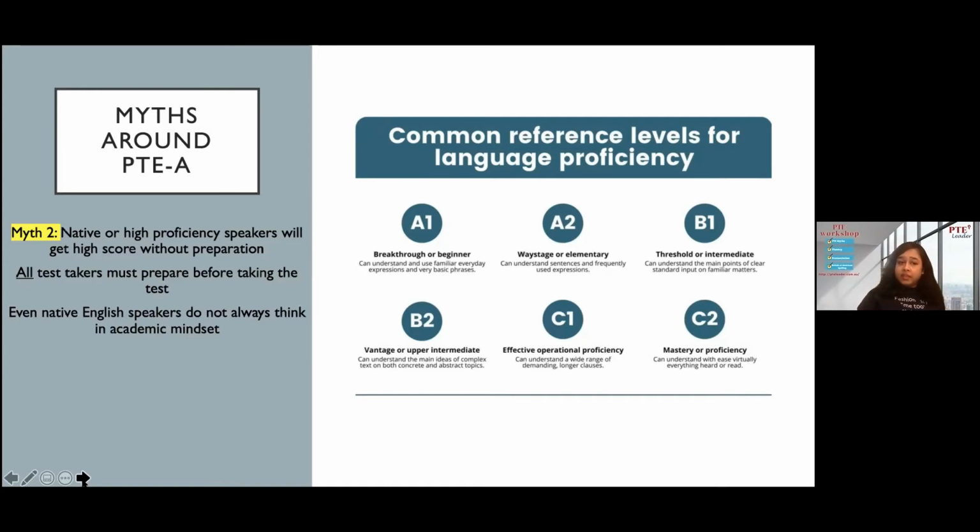Another important thing is that even native English speakers do not always think in an academic mindset. The PTE test is an academic one, Pearson Test of English Academic, so every question they give you is in an academic context. But when native speakers usually speak, they are very casual.